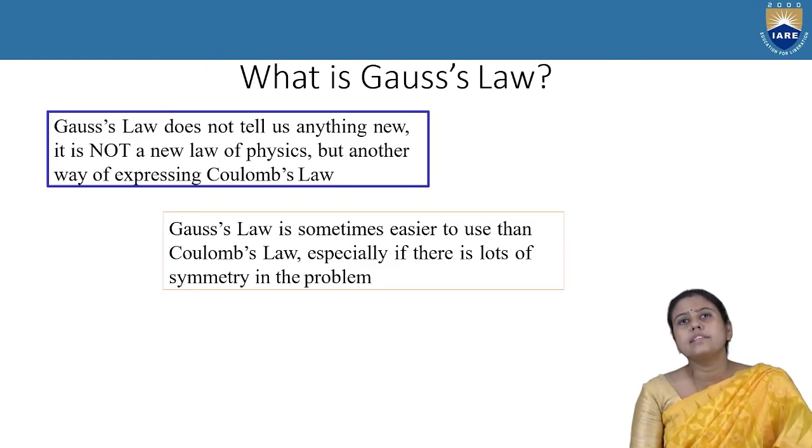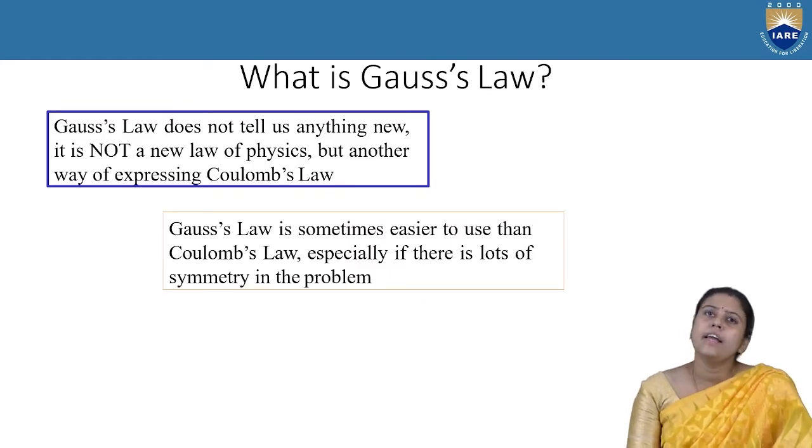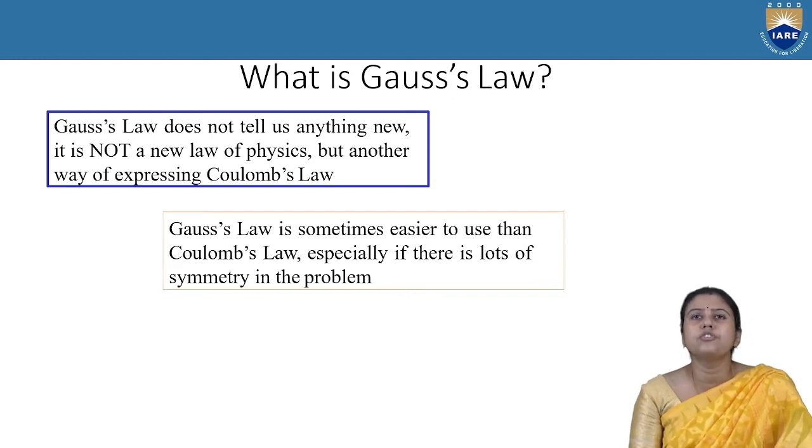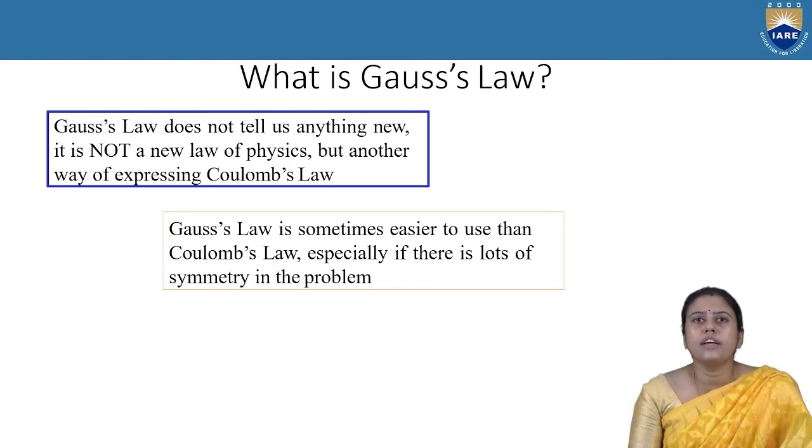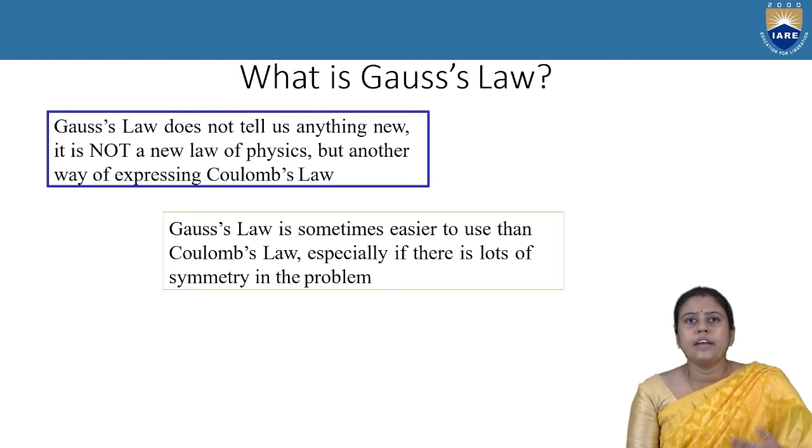Now, from the electric lines of force we can get an important law of electrical engineering, and that is known as the Gauss Law. Gauss Law is also known as the inverse Coulomb's law, because it is used in the reverse way.